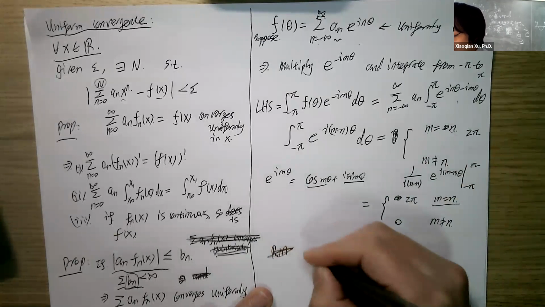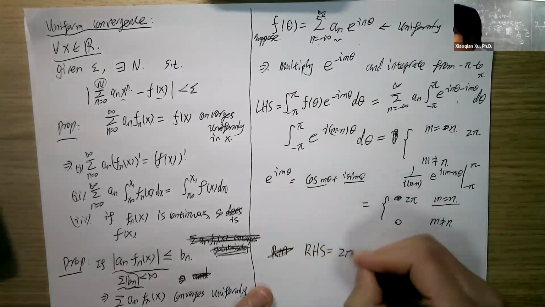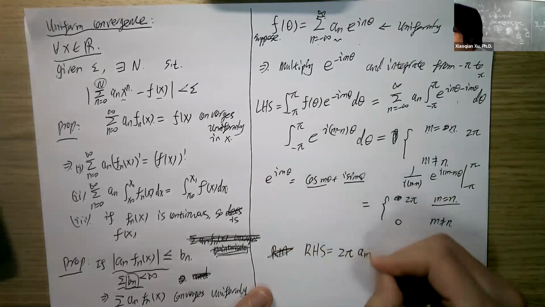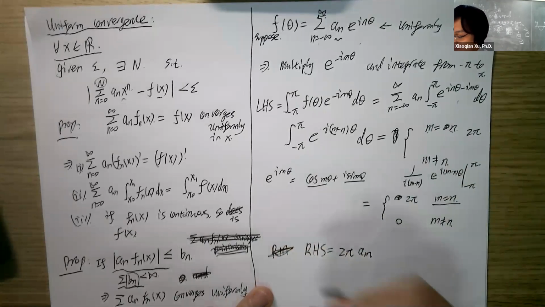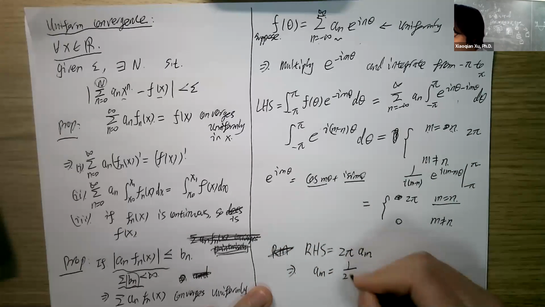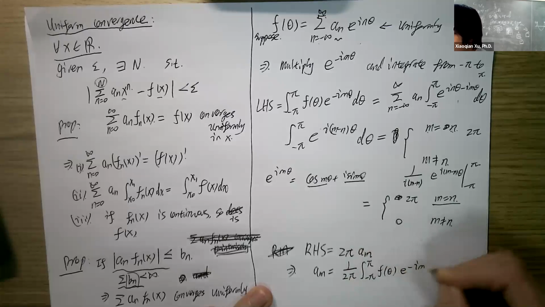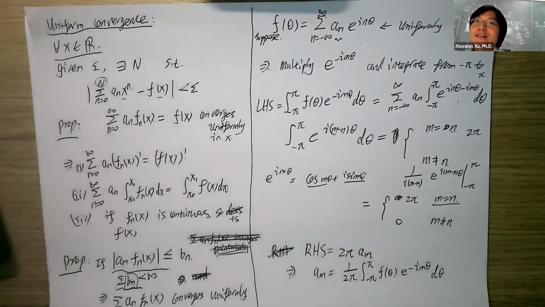So the right-hand side is equal to 2 pi times a_n. That means a_n is equal to 1 over 2 pi, integral from minus pi to pi of f(theta) e to the minus i n theta d theta.